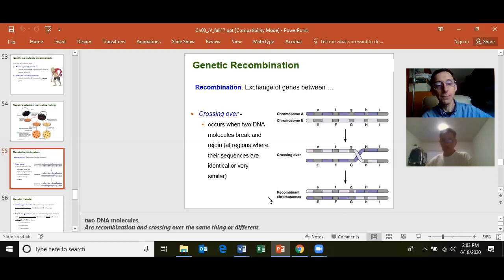Are recombination and crossing over the same thing or something different? Does anyone want to take a guess?